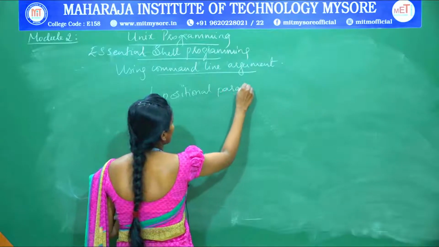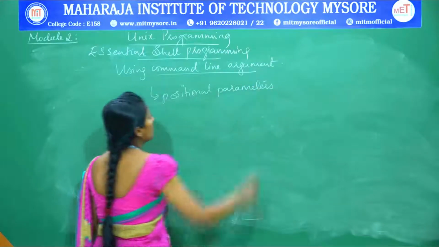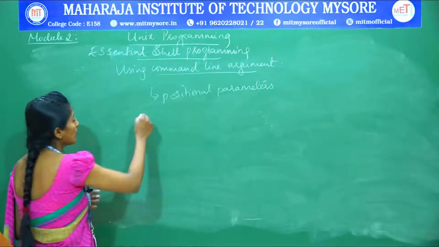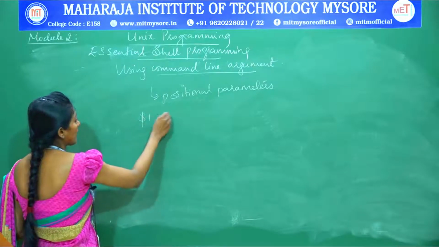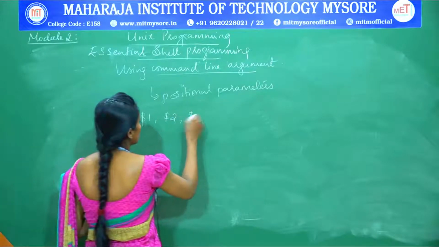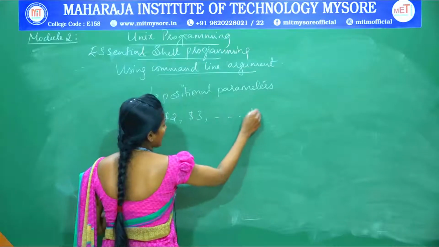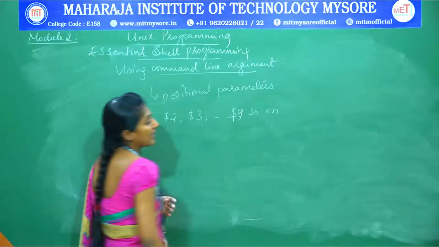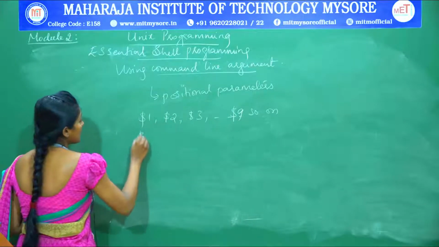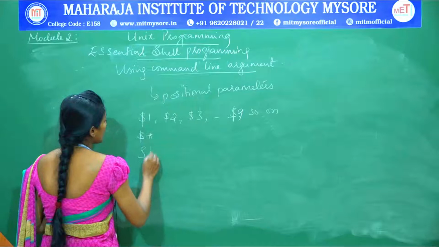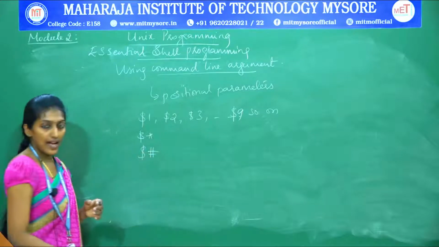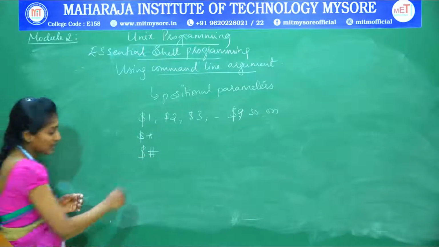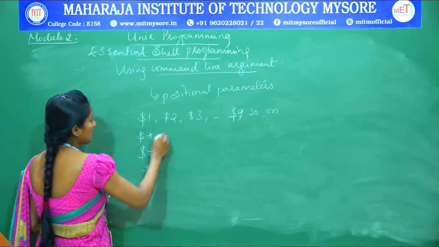We refer to all those command line arguments as positional parameters. We have positional parameters like $1, $2, $3 and so on until $9. Likewise, we also have $*, $# and $0.